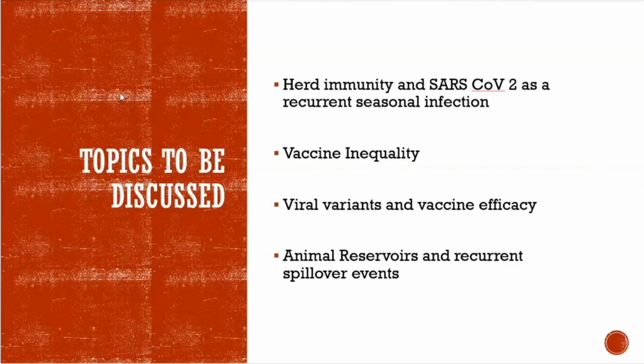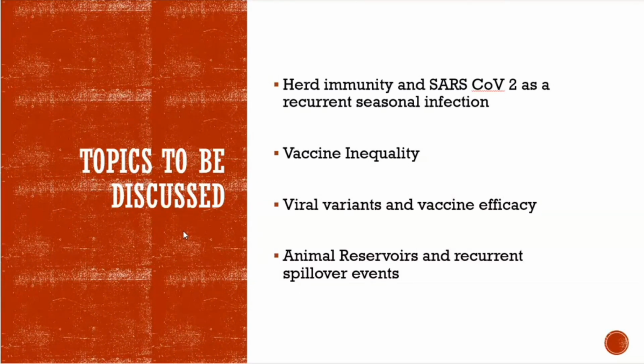Some of the topics we will discuss, and feel free to interrupt and ask questions at any point in time. I kind of prefer these things when they were in person and we could discuss, but we'll go for it.